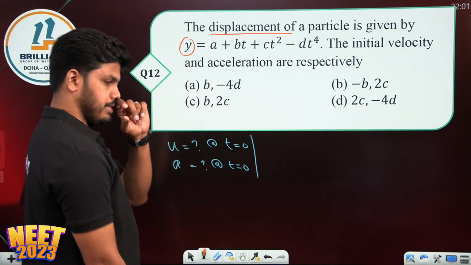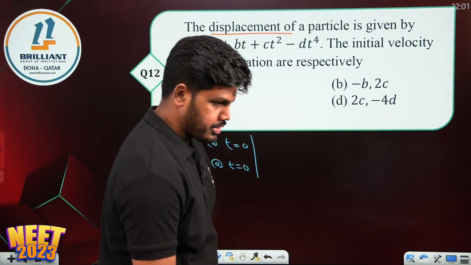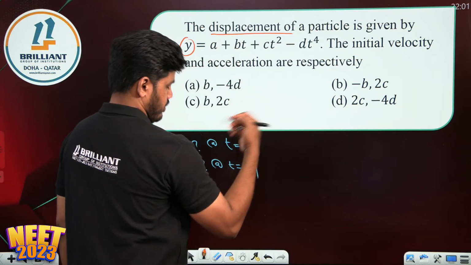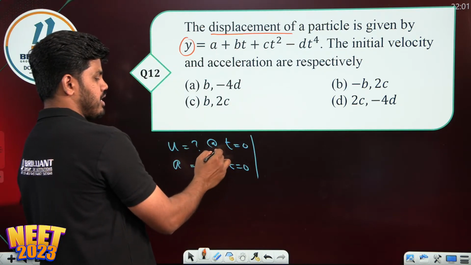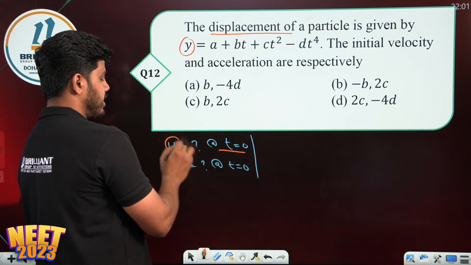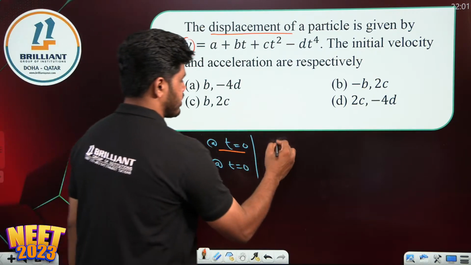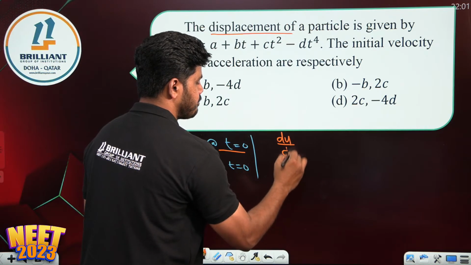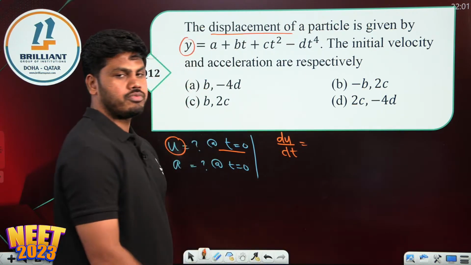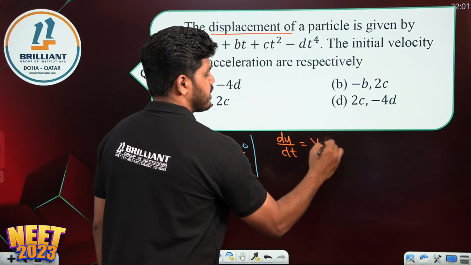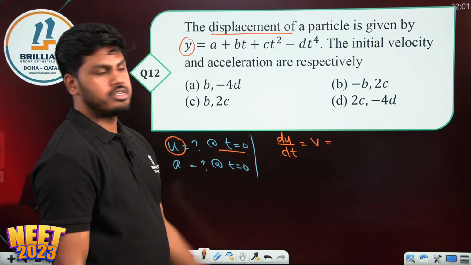Then you are asked to find the initial velocity. How will you find the velocity? Initial velocity can be found by substituting t = 0 in the velocity expression. Velocity is dy/dt, the rate of change of displacement with respect to time. What will be the differential of the function?